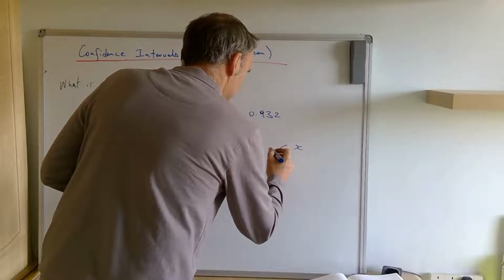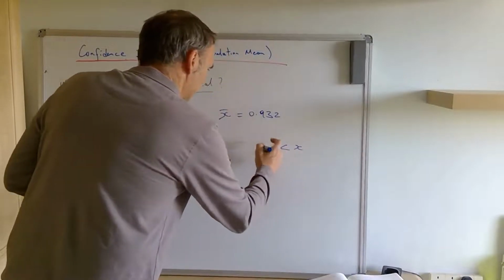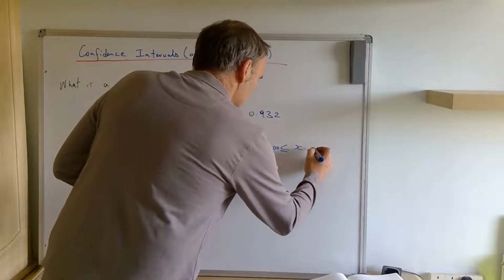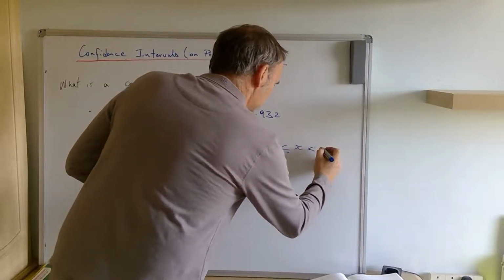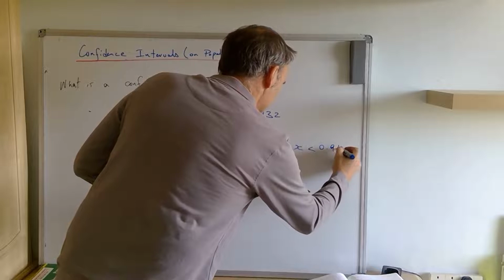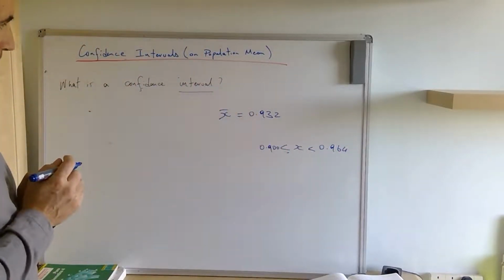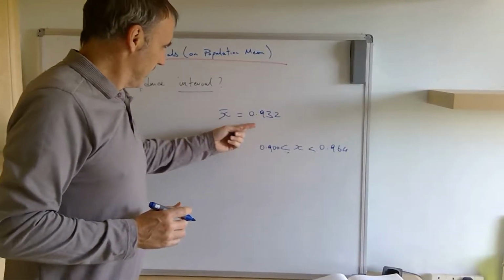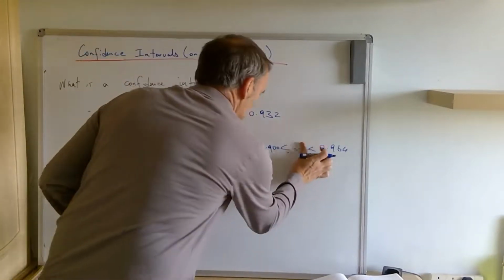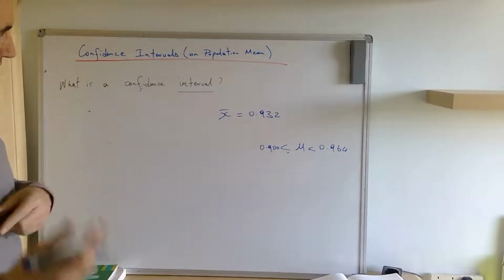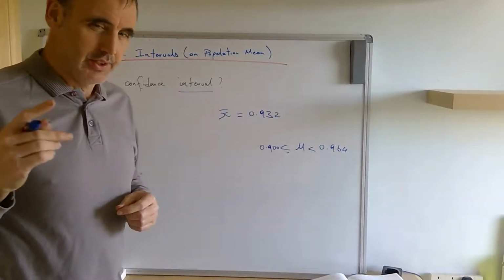So for the interval we're going to find in the question, I think it is 0.900 to 0.964. So we're confident that the actual population mean, mu, lies between those two numbers.